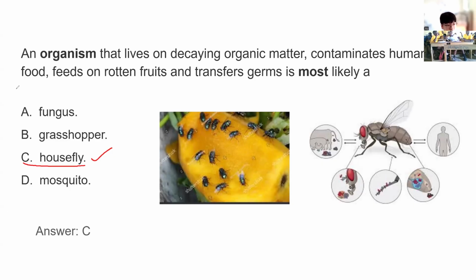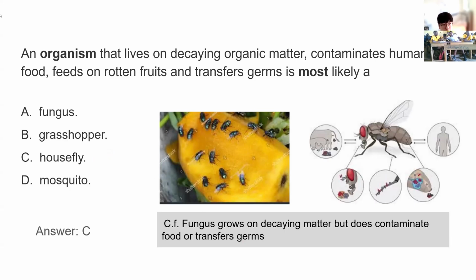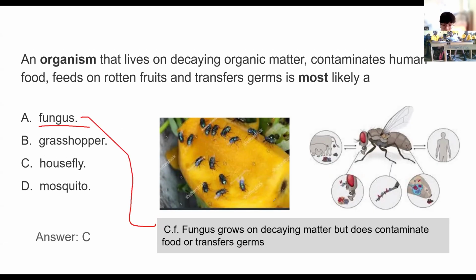Okay, those are houseflies, and for reference, the fungus grows on decaying matter, but it does not contaminate food or transfer germs itself. Houseflies are the ones that transfer the germs.